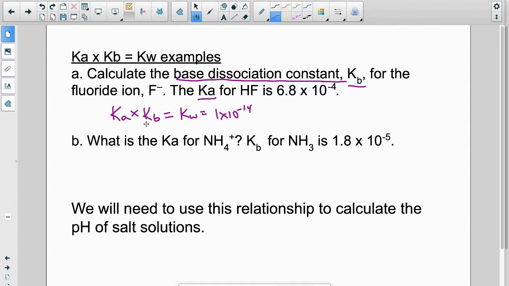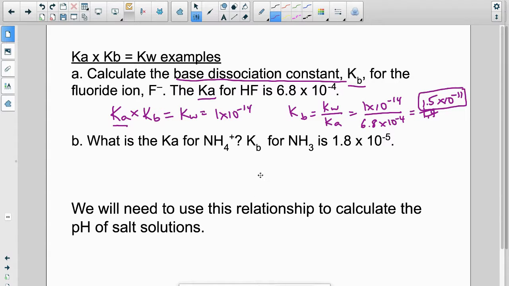So if we know what Ka is, Kb is equal to Kw over Ka. That's 1 times 10 to the minus 14 over 6.8 times 10 to the minus 4. When we calculate this, we will get 1.47, which we should round to 1.5 times 10 to the minus 11.